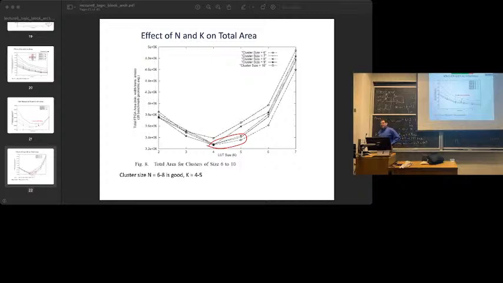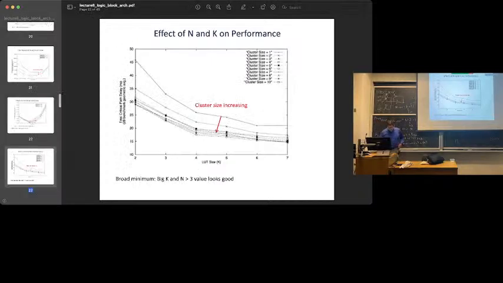Okay, then they looked at speed. People care not just about area, but speed too. Again, lookup table size is going up this way. This is the average critical path delay, so it's like the opposite of speed. Higher is worse. As they go to bigger lookup tables, delay is going down, so their benchmarks are getting faster.